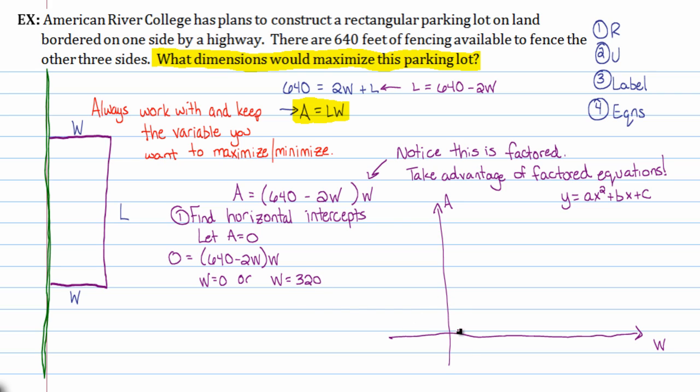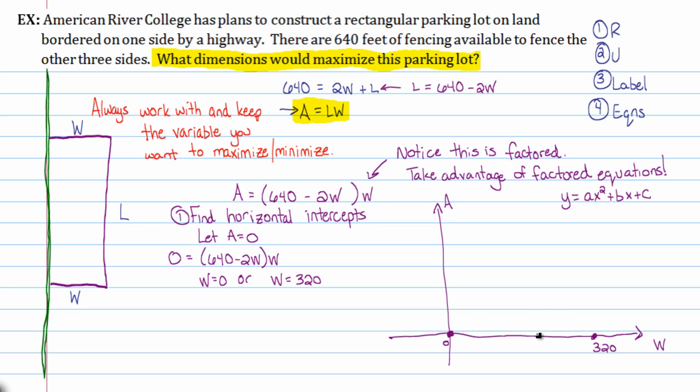So let me plot those on here. The area is 0, in other words I'm at a height of 0, when my width is 0 or when my width is 320. Halfway between these 2 points is going to be the axis of symmetry, because I know this is going to be a parabola. I know it's going to be a parabola because this is like a equals something with a w squared.